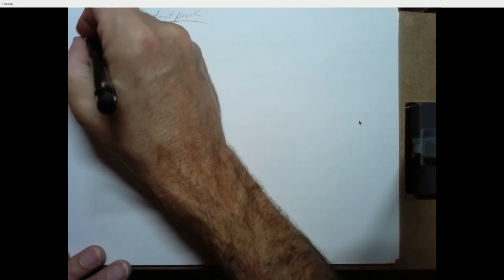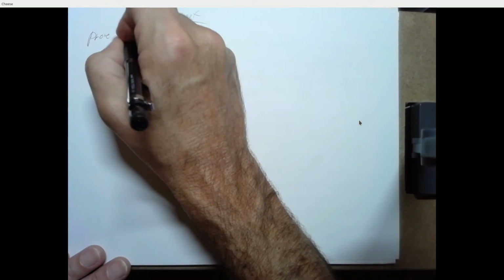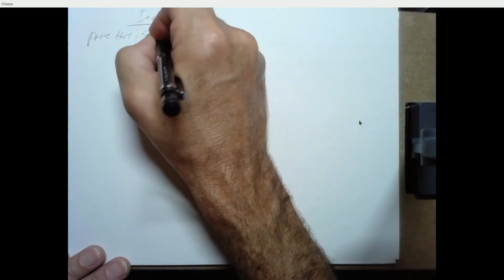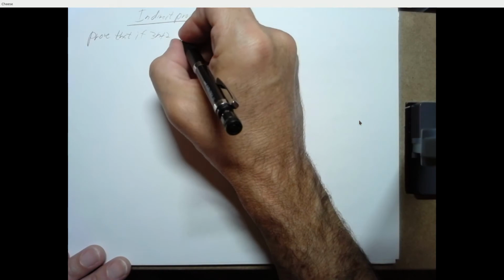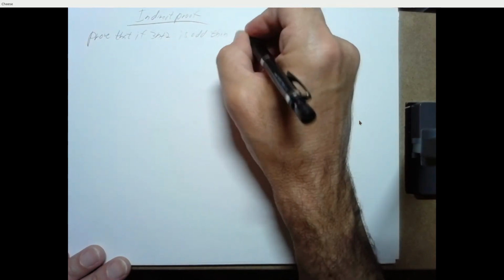So how does an indirect proof work? Well, as follows. Let's prove that if 3n plus 2 is odd, then n is odd.